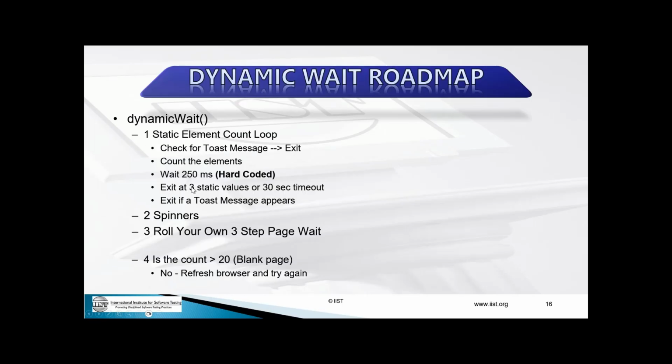And then if it happens to see a toast message, it immediately exits out. If there are 3 static values, this number came up 3 times the same, we're going to exit out of the loop. And it should also be looking for pop-up messages.